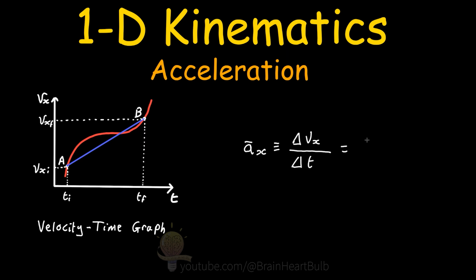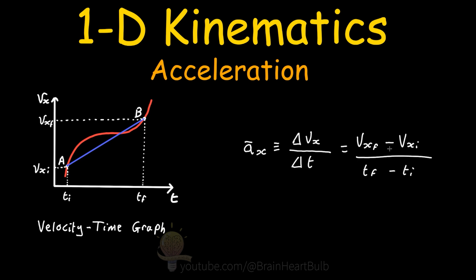And this is equal to the particle's final velocity along the x-axis minus the particle's initial velocity along the x-axis, divided by the final time minus the initial time.